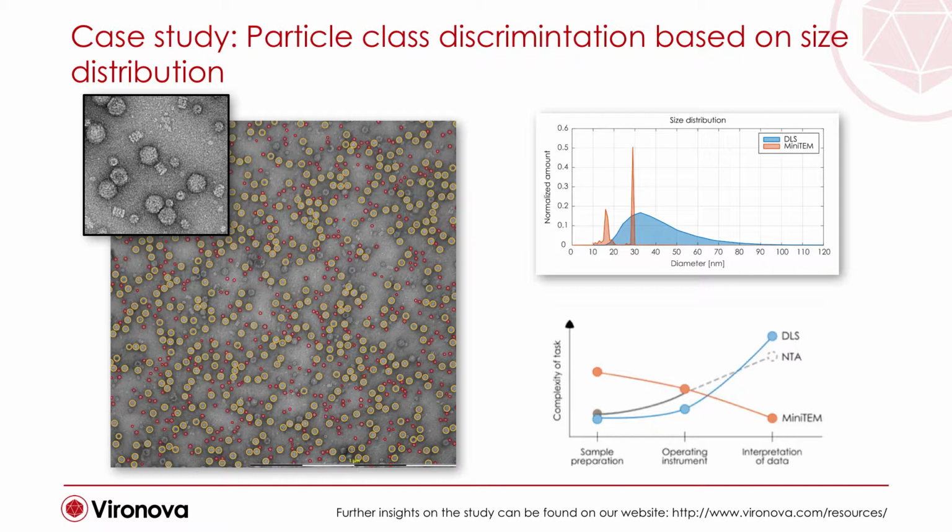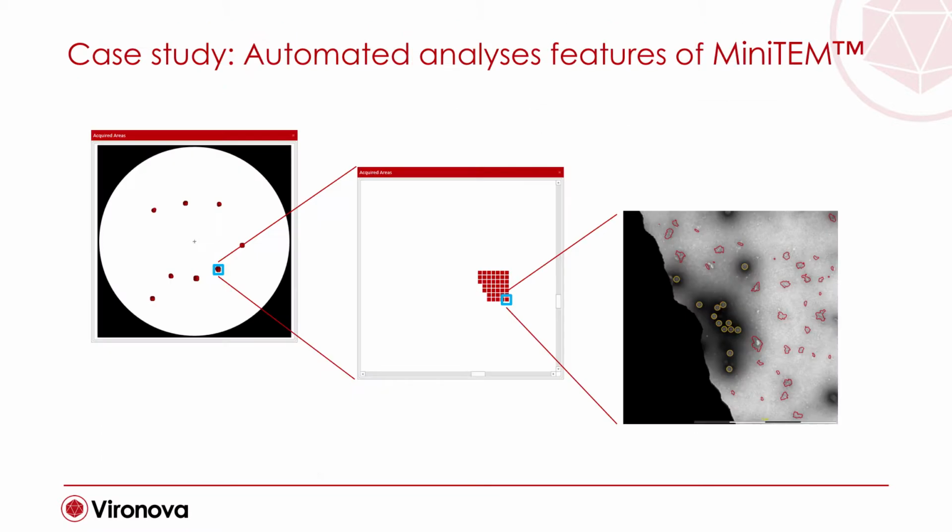That was a really satisfying study to show that the system is able to give not only as much data as other techniques, but also more insights. It was also compared to NTA, nanoparticle tracking analysis, but using this technique we didn't see any outcome. So we know for sure that MiniTEM provides better results than DLS and NTA as of now.